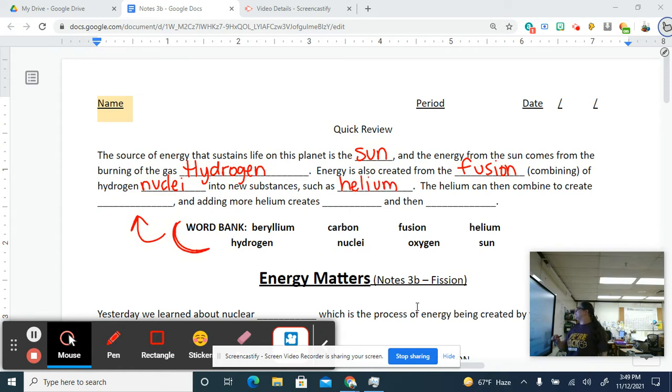The helium can then combine to create beryllium, and adding more helium creates carbon and then oxygen. All right, pause that if you need to get those written down.